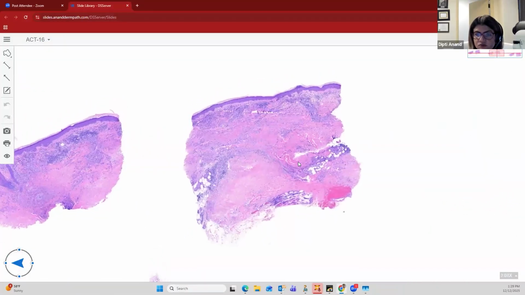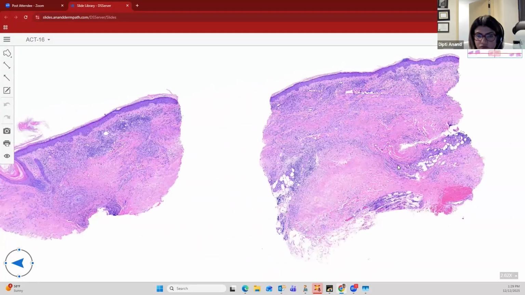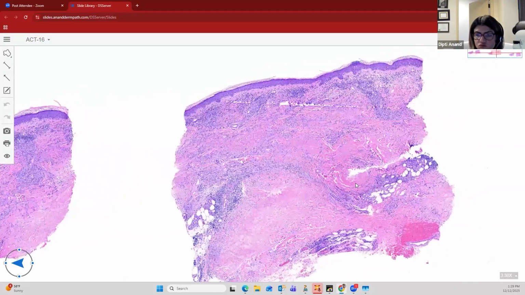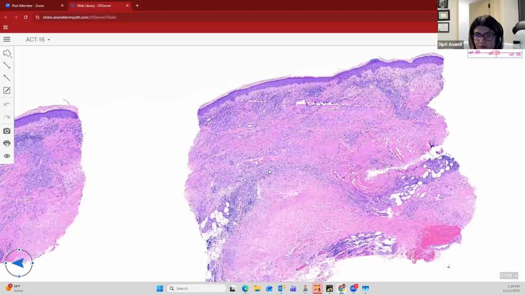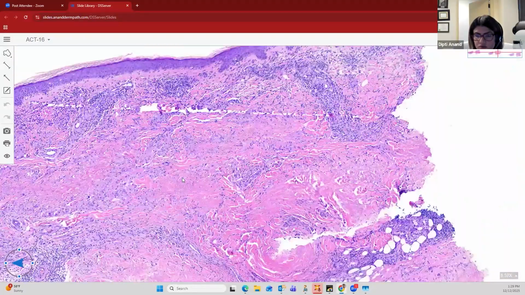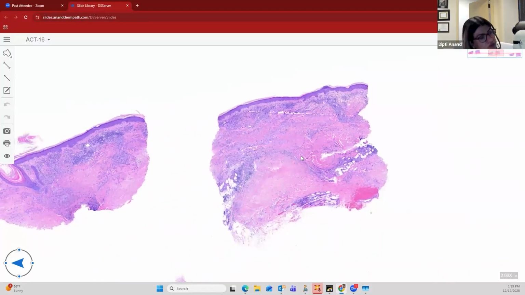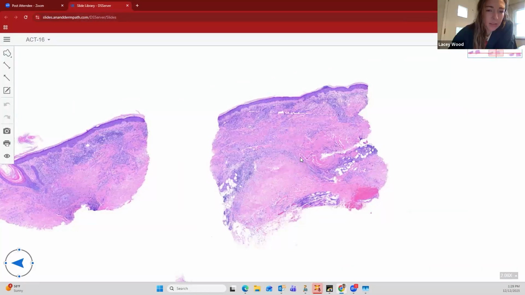What is this? What is that? GA. It's NLD.